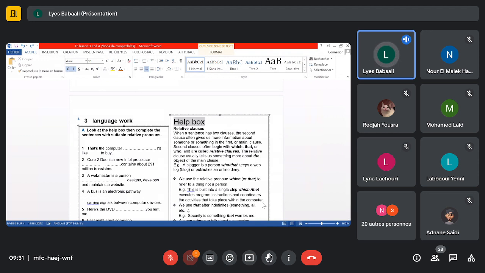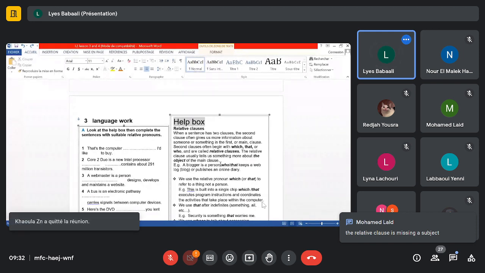"A blogger is a person" can stand on its own, but the relative clause can't be alone in a text or in a sentence because the meaning is not complete. If you read "who keeps a weblog or publishes an online diary," it's not complete. So these are known as relative clauses. They are here to give more information about the main clause. So it's a complement of the simple sentence.